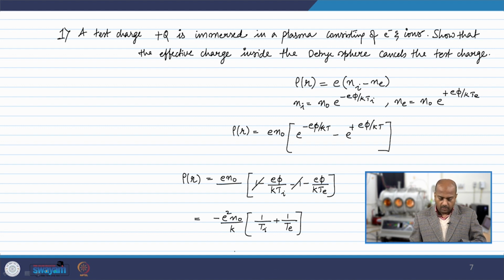Using what we know for 1 by lambda_D square, from the last class, we can rewrite this expression.